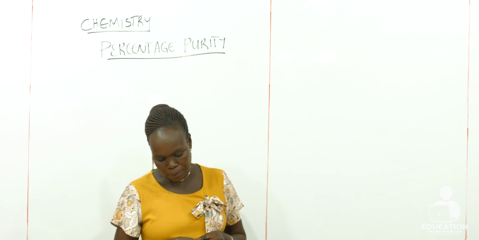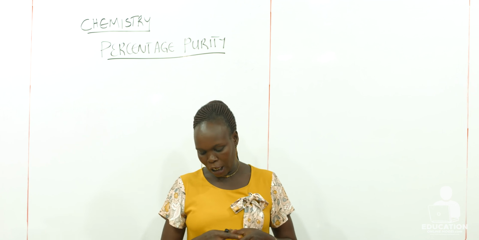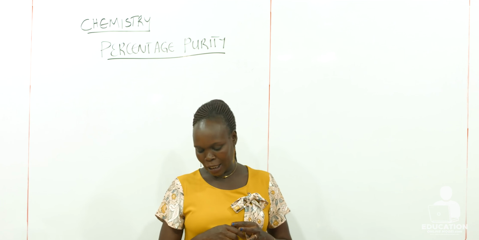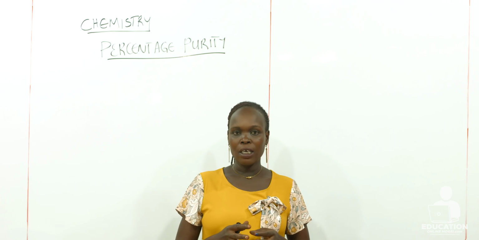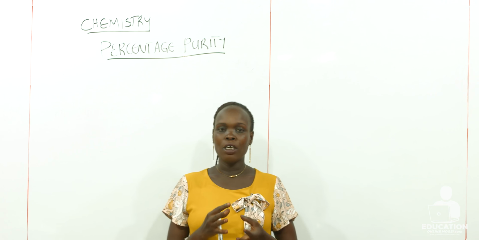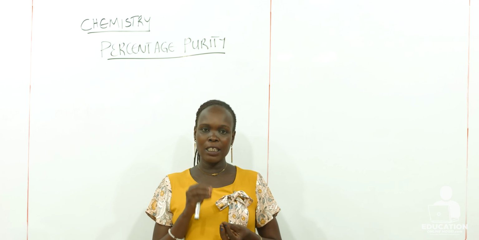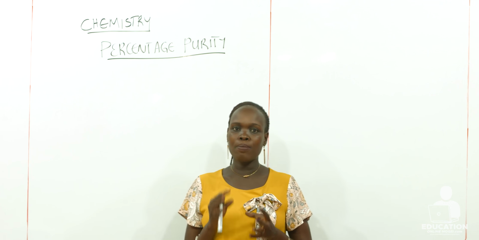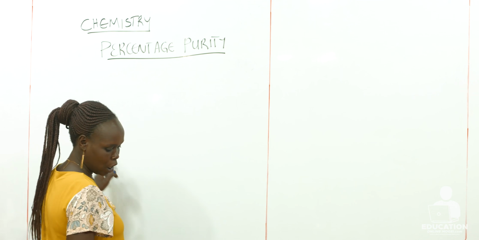So percentage purity is the percentage of the material which is the actual desired chemical in the amount of substance or product. We need to get the exact desired quantity of what we wanted from the substance or the product.